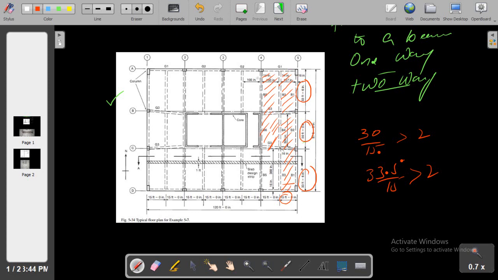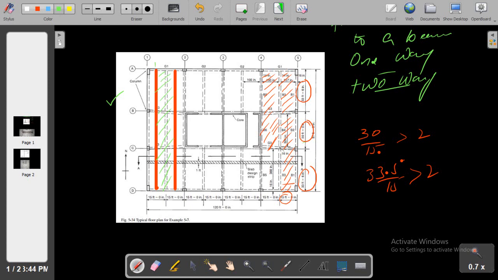So in this case, the tributary area for this beam, that is G1, denoted by B3, B4 and B3, will look like this shape. This is the tributary area for the B3, B4 and B3 beam.